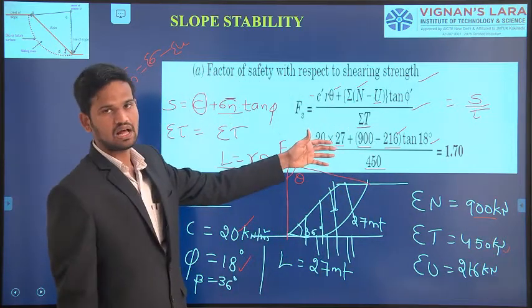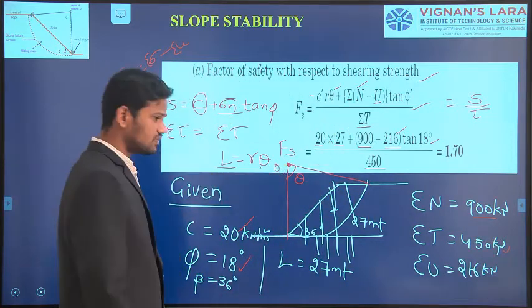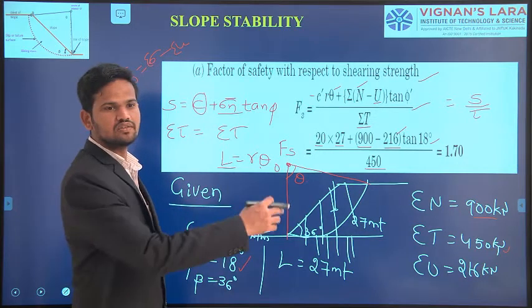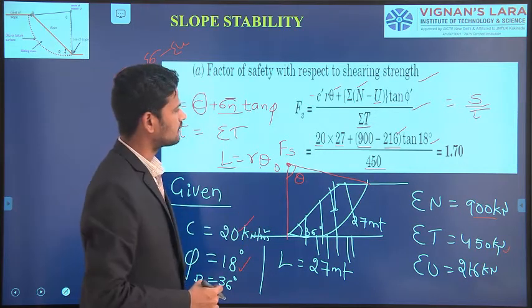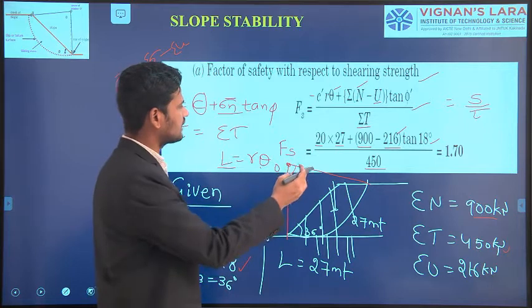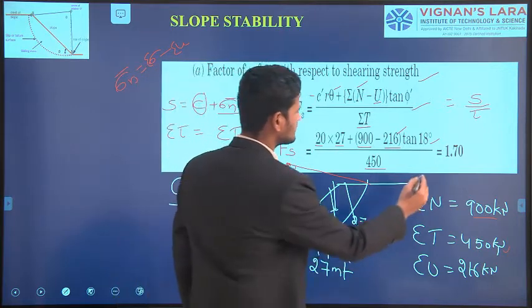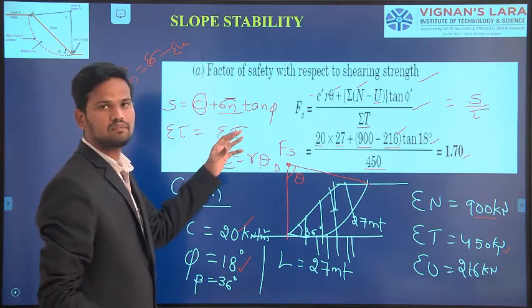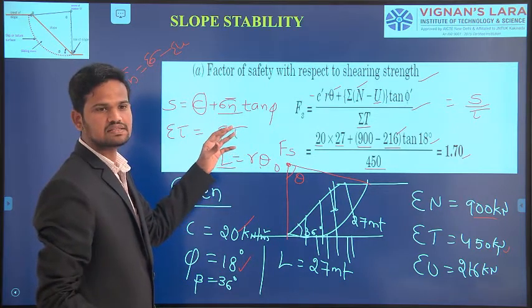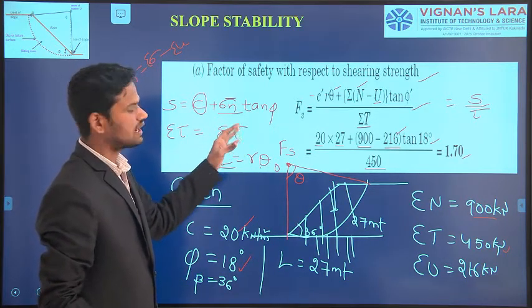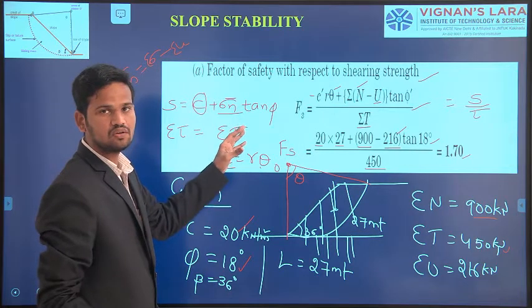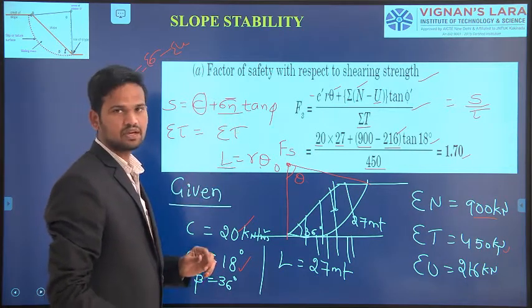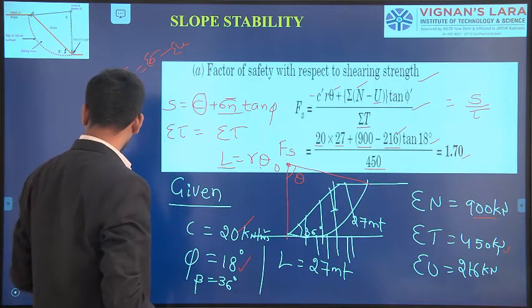If you substitute all these values and calculate, you will get this shear strength value as 1.70. This is the problem for stability analysis of the standard method of slices for cohesive soil with respect to the shear strength.